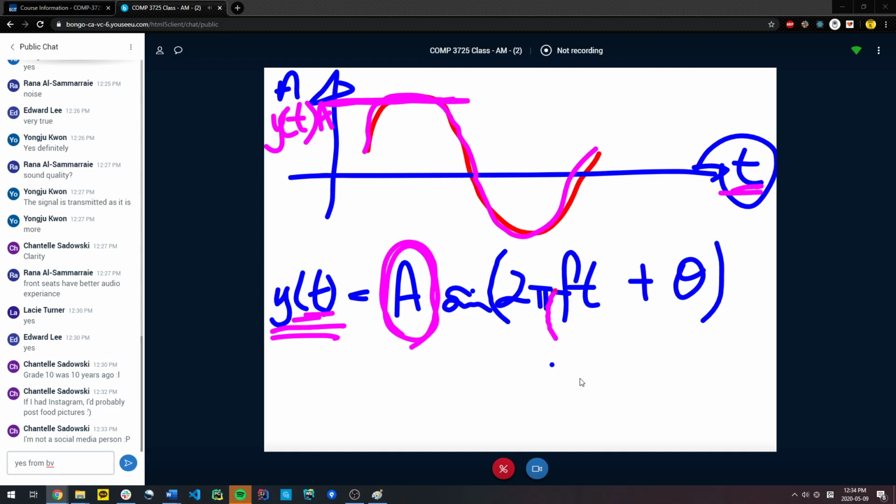The frequency here is the number of oscillations per second. So if I say all of this happens in the time frame of 1 second, then F equals 1 hertz.